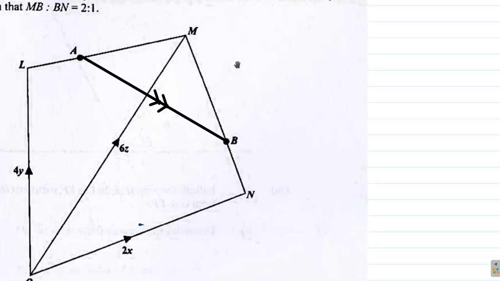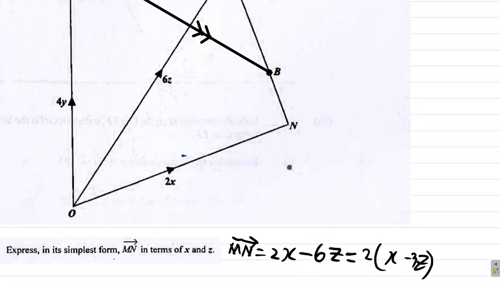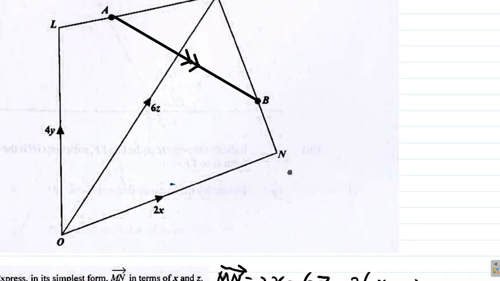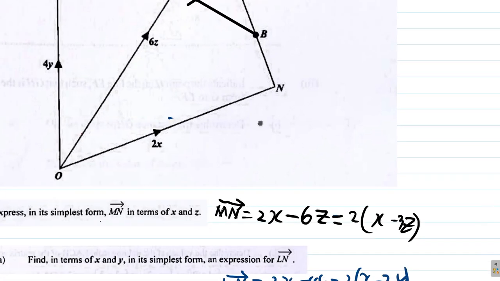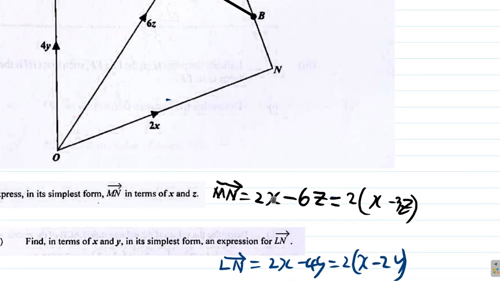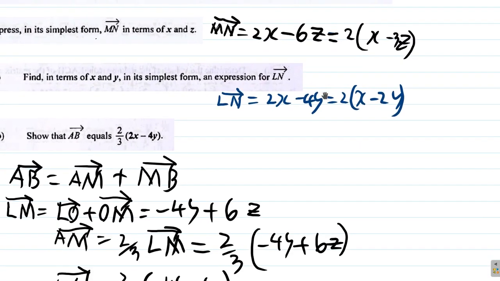Now MN is this. We looked at it already. You go negative 6z plus 2x, or 2x minus 6z. We saw it here. All right?